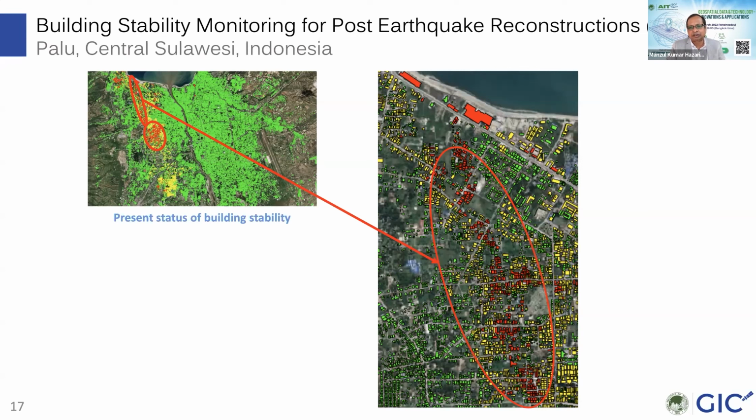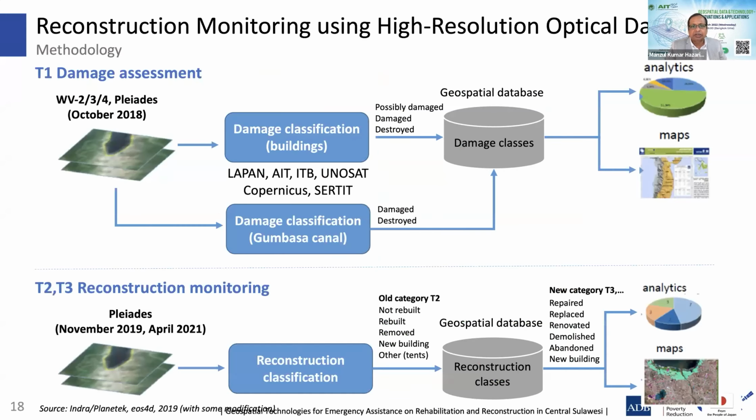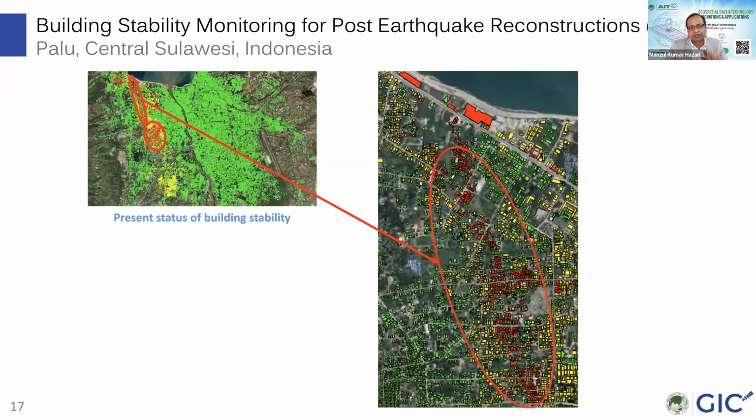It takes quite a long time to become stable. So we have identified these buildings which are unstable, and we are providing this information to the Indonesian government, particularly the Minister of Housing, and they are using this information. So this is from SAR data, microwave data.